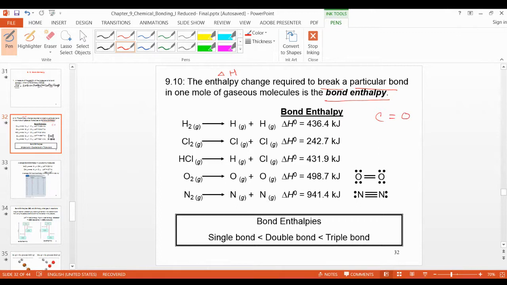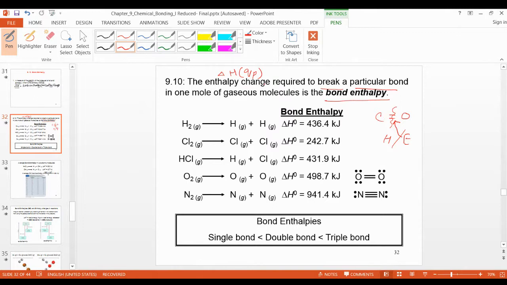Suppose you have this bond, right? You break it down, so it means you need some energy or enthalpy, because this is at constant pressure. Enthalpy works at constant pressure, in an open system. So it requires some energy or enthalpy to break this bond, right?